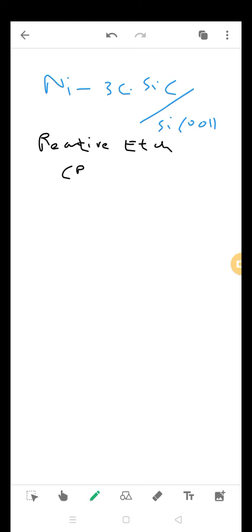It's called RIE, reactive ion etching, and it takes place with around 10% O2 and 1% SF6.